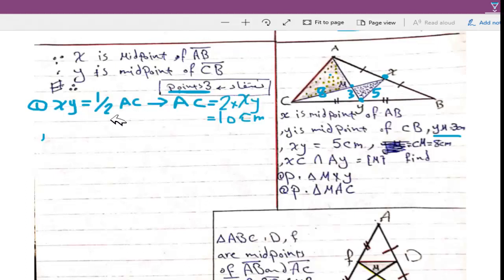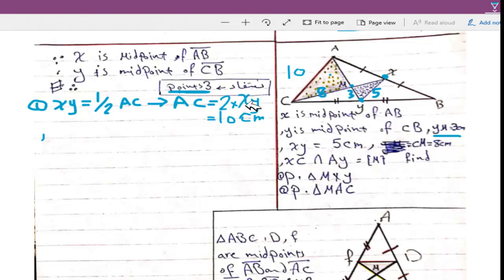That's from the first property: if you have a line segment joining two midpoints, then XY equals half AC. So you have to write: since X is the midpoint of AB, Y is midpoint of CB, then XY equals a half AC. Since this is 5 centimeters, the opposite side will be 10.